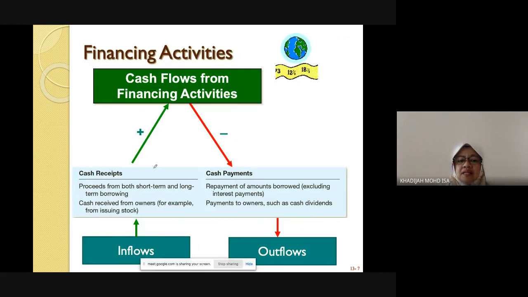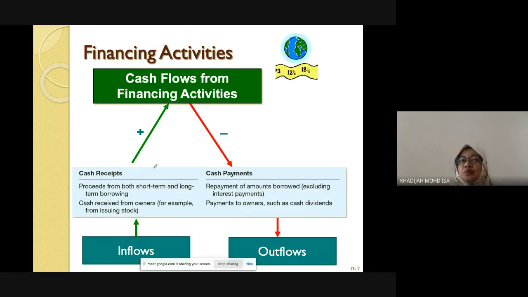Okay, look at the financing activities. Cash receipt from both short-term and long-term borrowing. It means that if you borrow money from outside, cash comes into the company, you receive cash. So any proceeds from both short-term and long-term borrowing will go under financing. And then cash receipt from owners, for example, an investment by the owners.